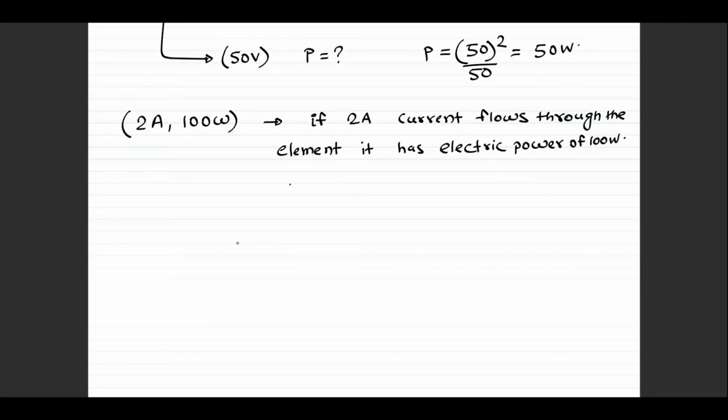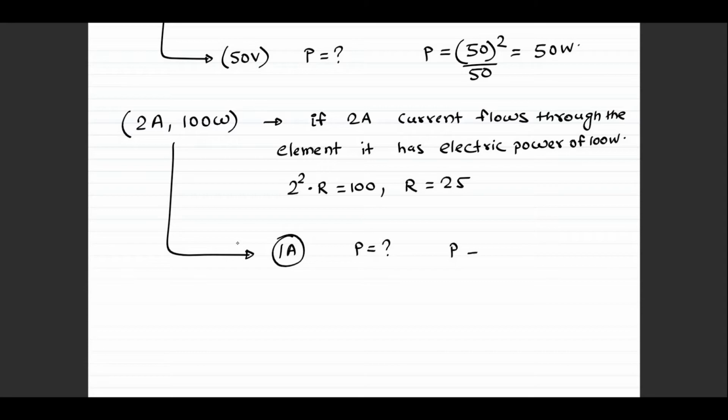Again, using this you can get the resistance: I square R is 100, so R is 25. Now if this same appliance is used with 1 ampere, what is the power? So I can say in that case power will be I square R. It will be 25 watts.